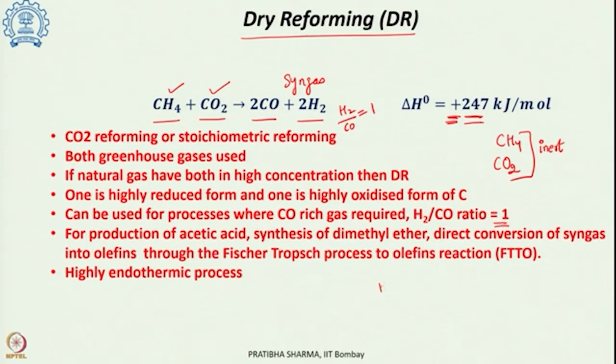With an H2 by CO ratio of 1, it may not be a desired method for hydrogen production. However, the syngas produced can directly be used for various oxo processes like production of acetic acid and synthesis of dimethyl ether. Syngas can be converted into olefins using the Fischer-Tropsch process. These are the applications for which the syngas obtained after dry reforming can be used.